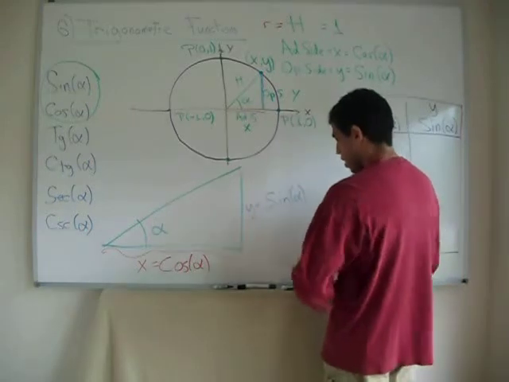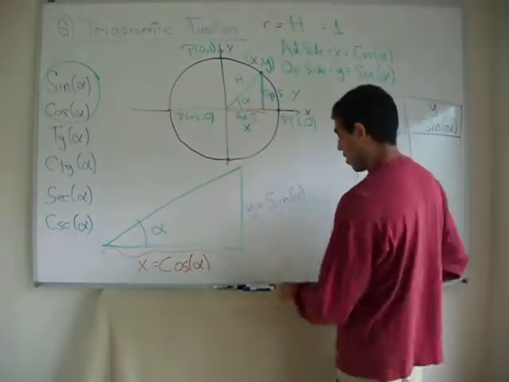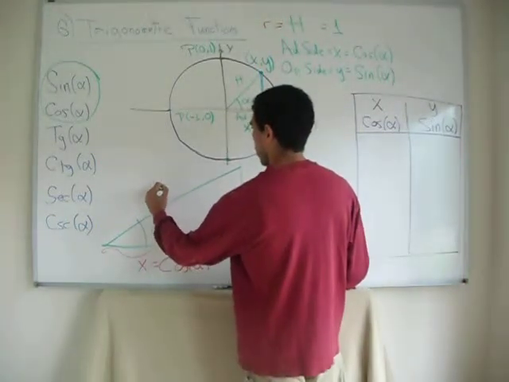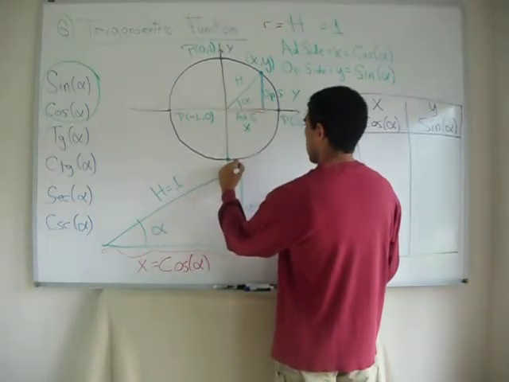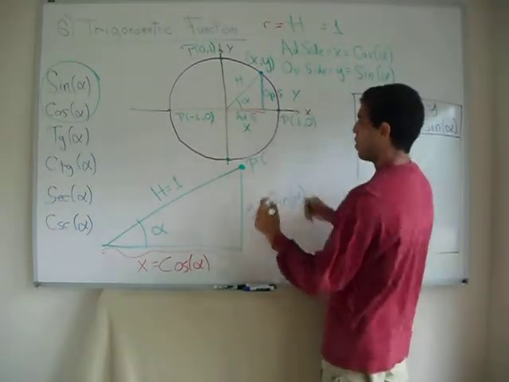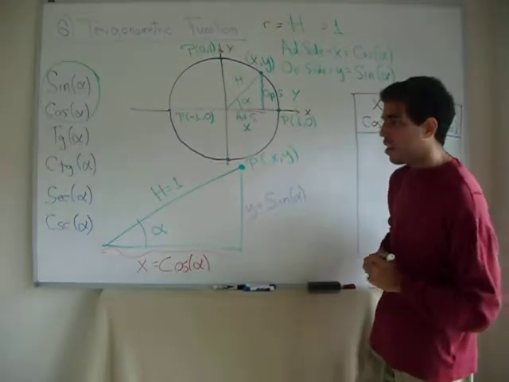Okay? Now, this triangle is this exact triangle. I just magnified it, okay? This right here is still h, and h equals 1, hypotenuse. Okay? And this point is a random point in the circle, which we're going to call xy. Okay, it has coordinates x, y.